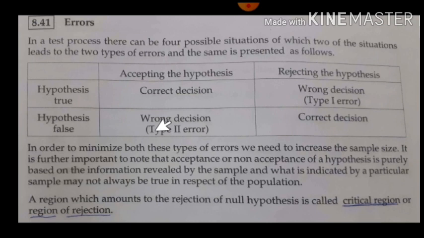I made the assumption that he has done the crime, and if I accept such a false assumption, then the decision is wrong. Such a type of wrong decision is type 2 error.